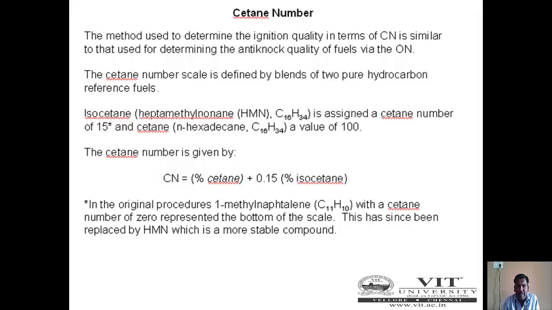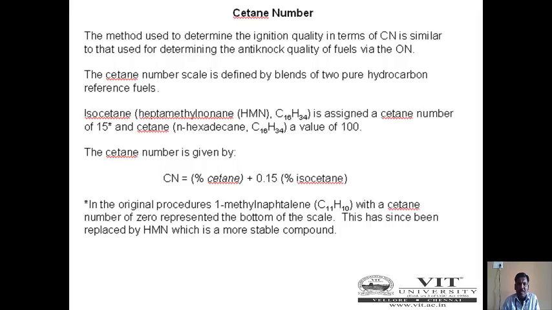Cetane number is the ability to auto ignite. How fast the fuel will auto ignite is a clear indication of the cetane number. The cetane number is defined using two reference fuels. One is isocetane, whose chemical formula is C16H34, and the other is normal cetane.